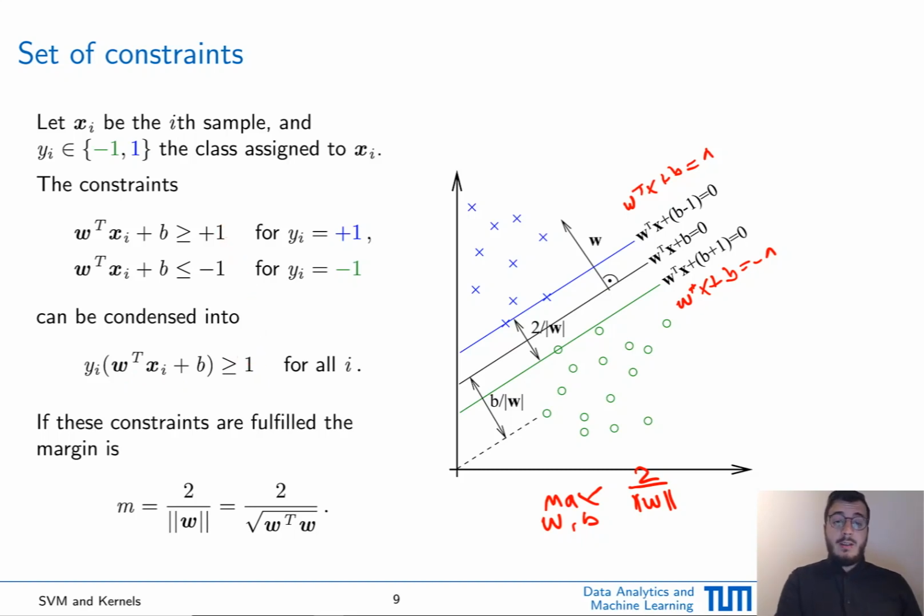If yi is minus 1, then this greater or equal flips to less or equal, and this 1 flips to minus 1, which means we get this constraint. So basically we can condense these two constraints into a single constraint by multiplying with yi. So now we're almost there. Basically we want to solve this optimization problem, but subject to these constraints for all i.